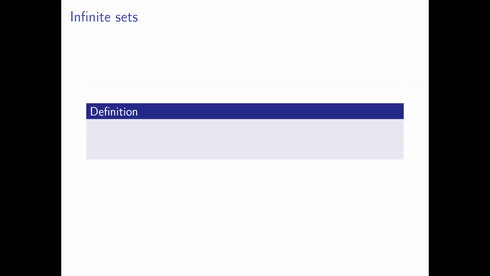The set of natural numbers represents one type of infinite set. A set S is said to be denumerable or countably infinite if and only if it is numerically equivalent to the set of natural numbers. The cardinality of such a set is represented by the symbol aleph naught.